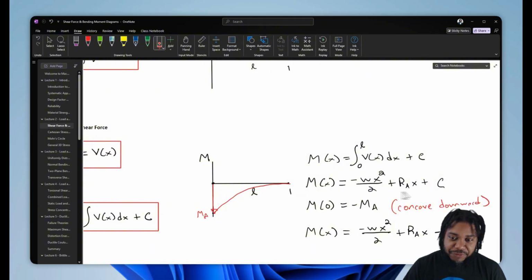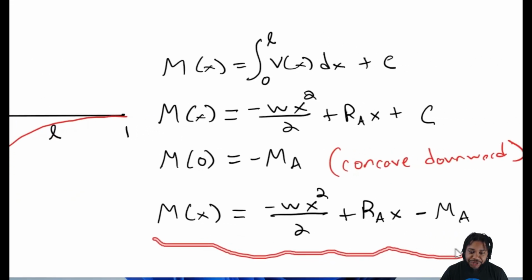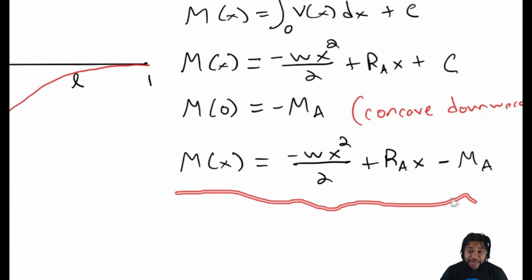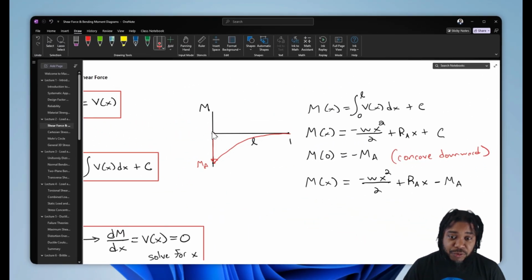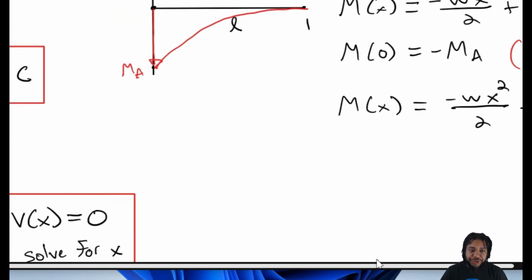So if we know that C is equal to negative MA, now we have an equation that defines our bending moment diagram. Then all we've got to do is go ahead and plot that equation. We're at 0, we're at MA, and then we have this polynomial that falls to 0 at the end of the beam, right? Pretty good, pretty good.